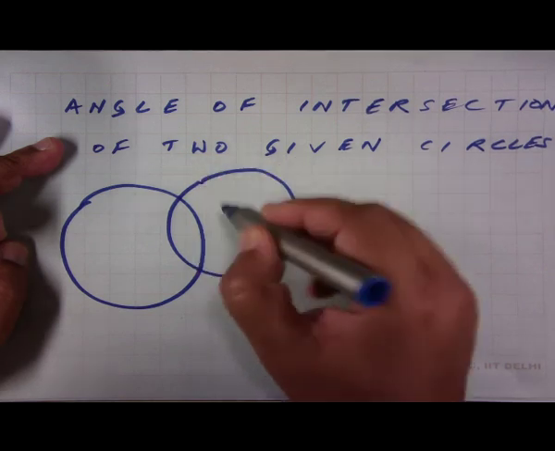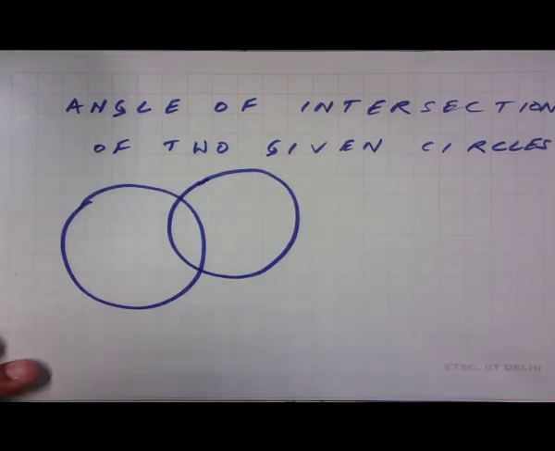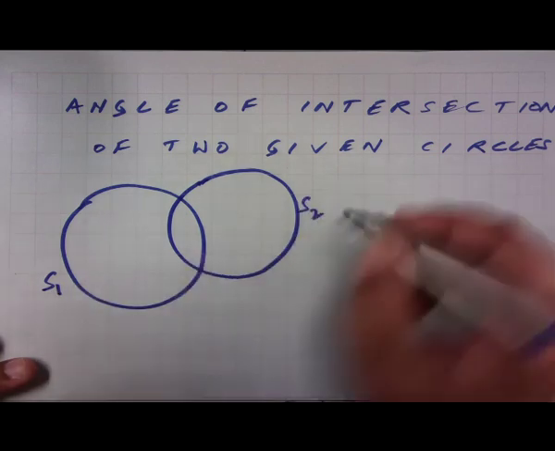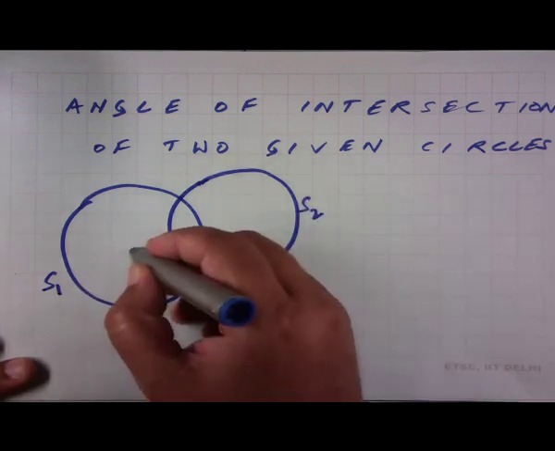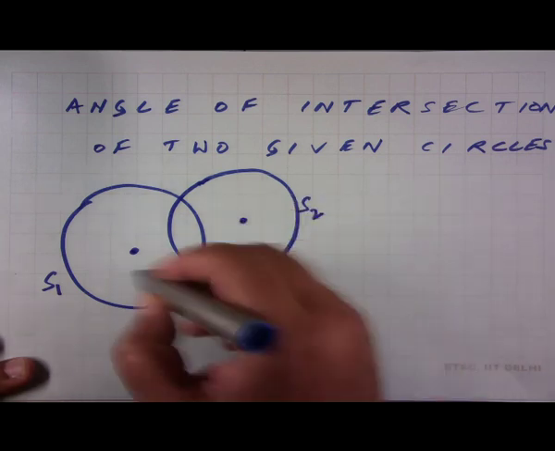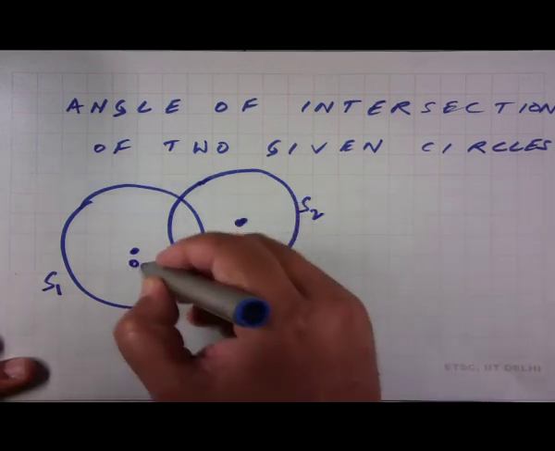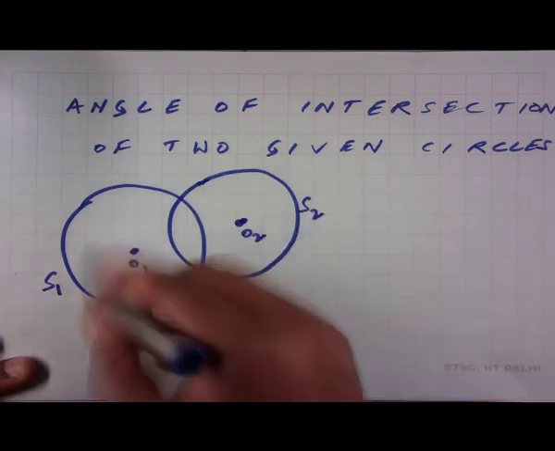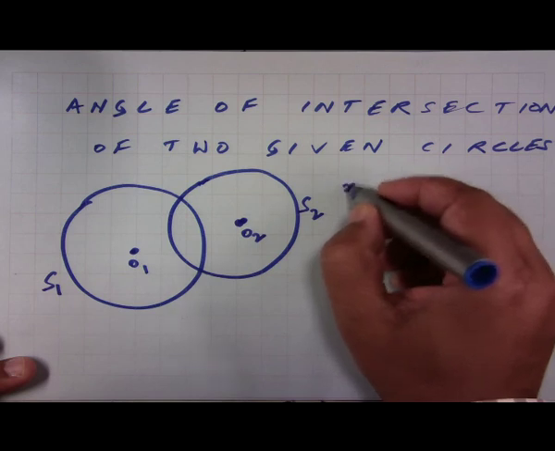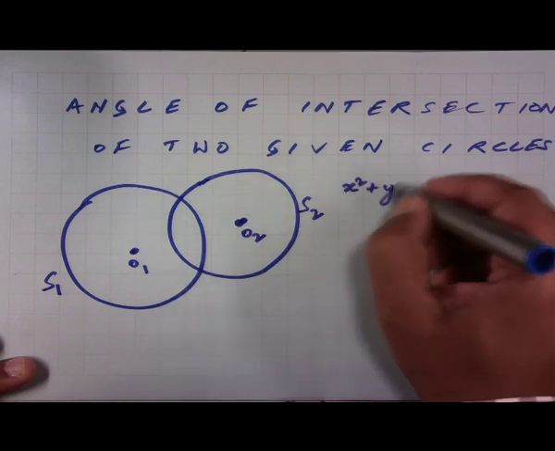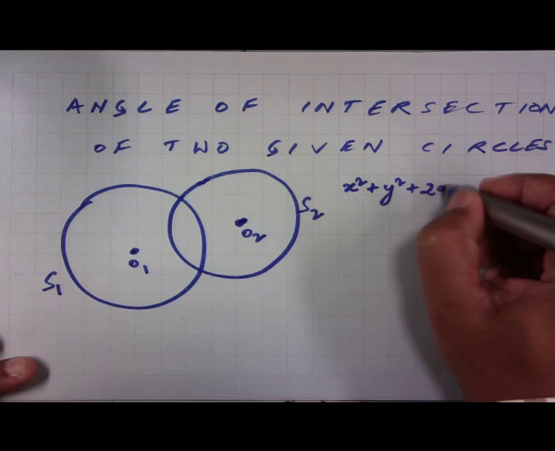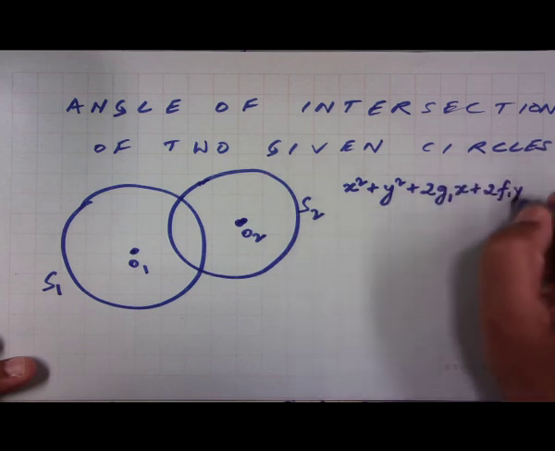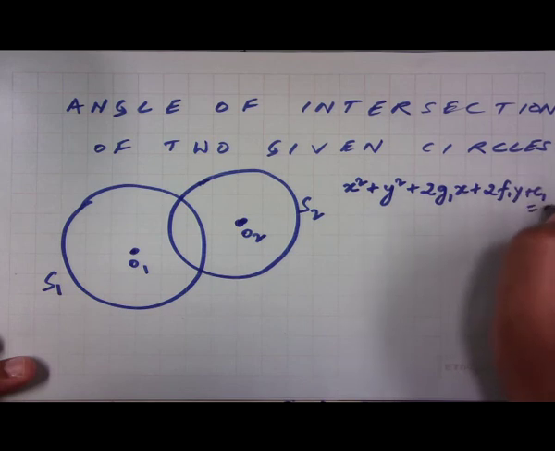So, let us say that these are the two circles which intersect with each other. So, this is the first circle S1, this is the second circle S2. So, let us say that the centers of these two circles are at O1 and O2. The equation of the first circle is, let us say, x square plus y square plus 2g1x plus 2f1y plus c1 equals 0.